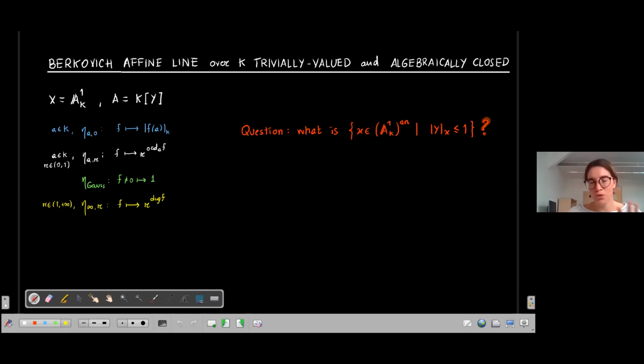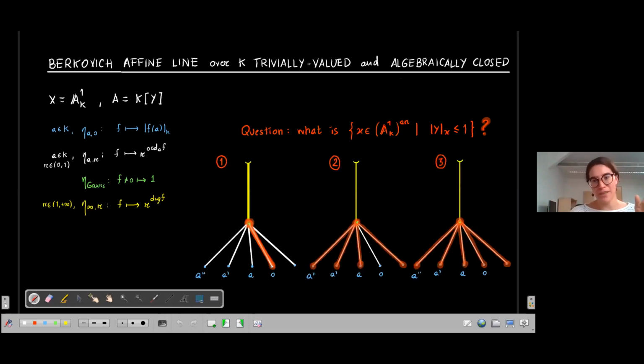So I will try to give you 3 options, and you tell me what you think the correct picture is. So these are my 3 options. The first one is just the ray that connects the Gauss point to the K point associated to 0.